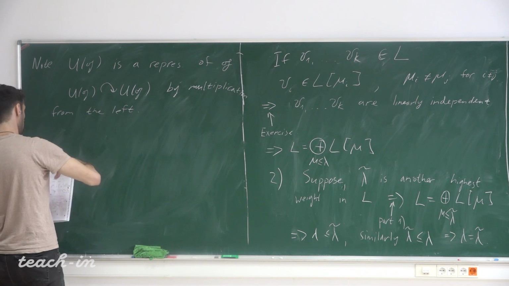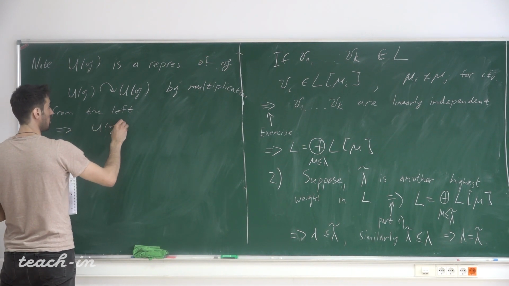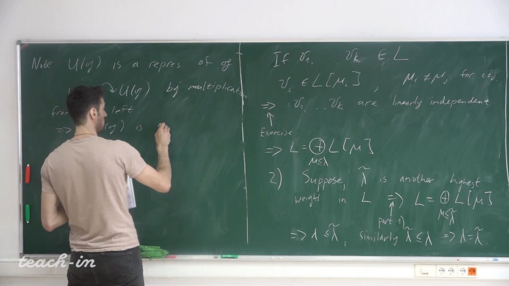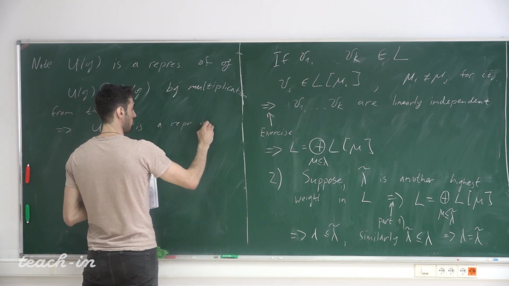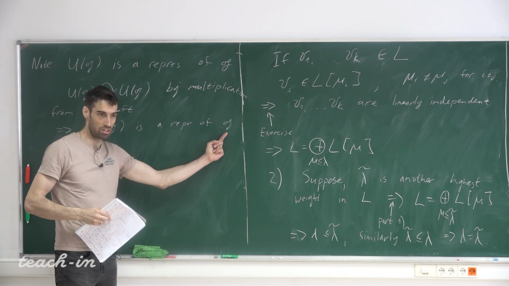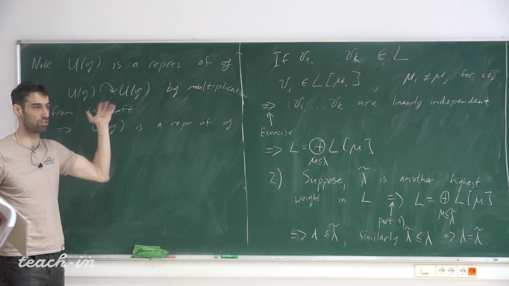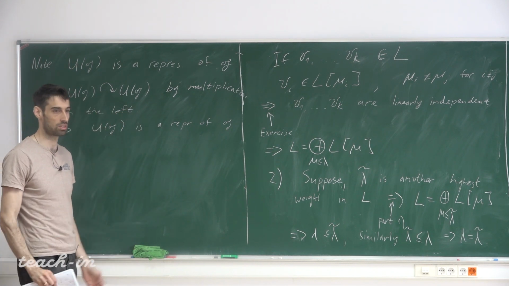So therefore, U of G is a representation of G. You just take an element of G, think of it as an element of U of G, and multiply from the left. That's the only thing that happens here.